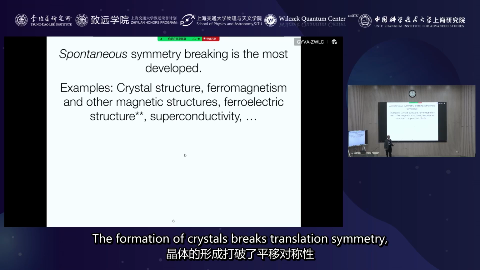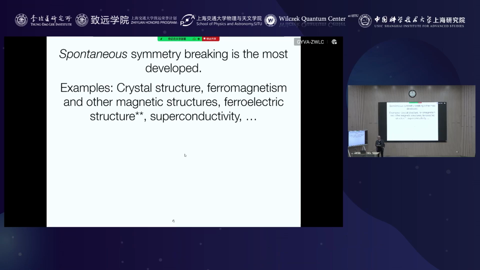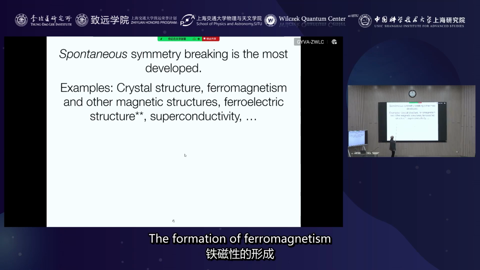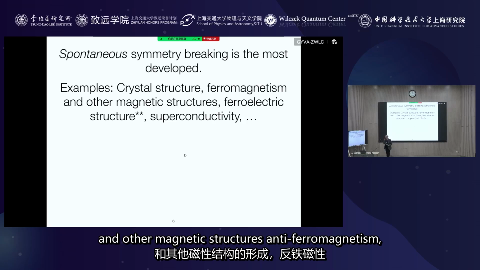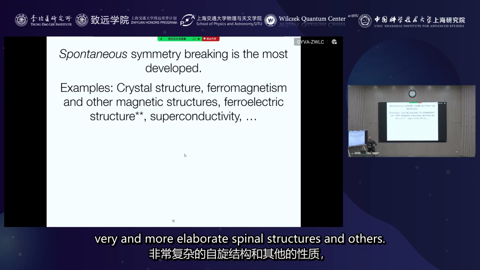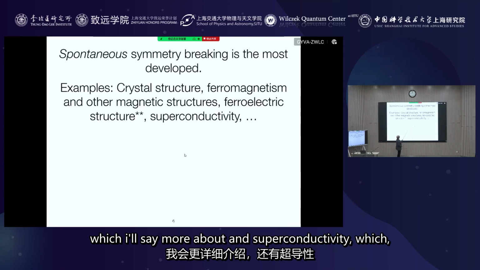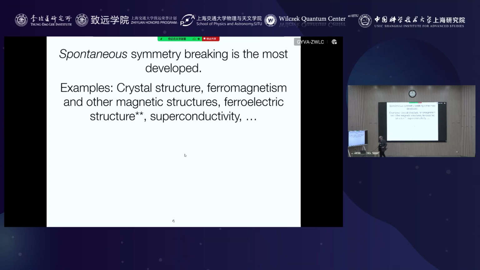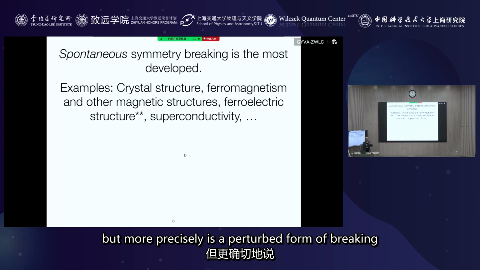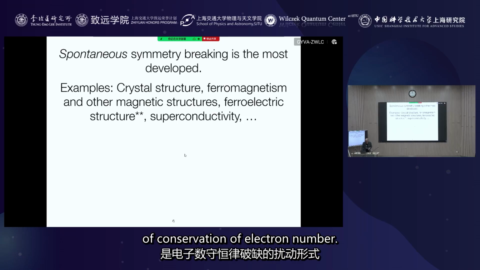The formation of crystals breaks translation symmetry and occurs spontaneously. The formation of ferromagnetism and other magnetic structures, anti-ferromagnetism, more elaborate spinel structures and others, ferroelectric structure, which I'll say more about, and superconductivity, which in a sense breaks gauge invariance, but more precisely is a perturbed form of breaking of conservation of electron number.